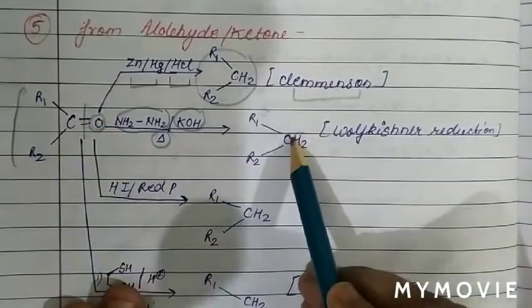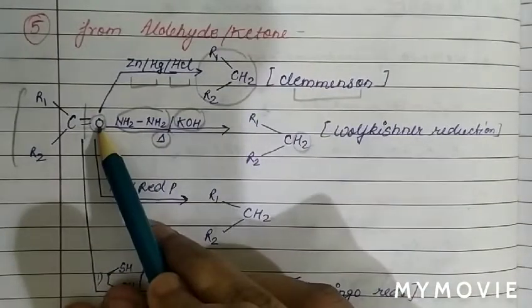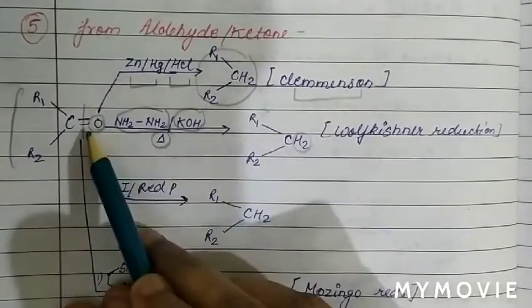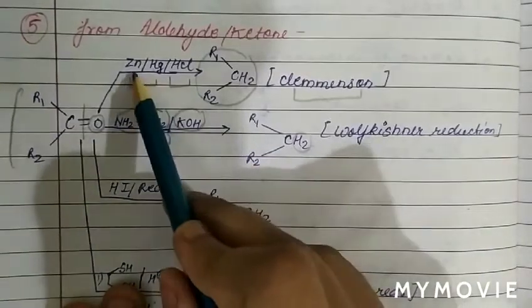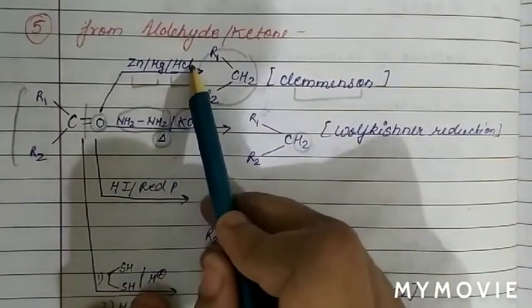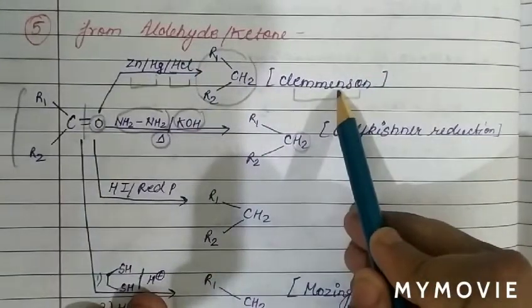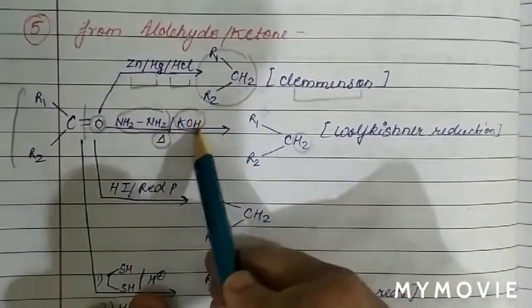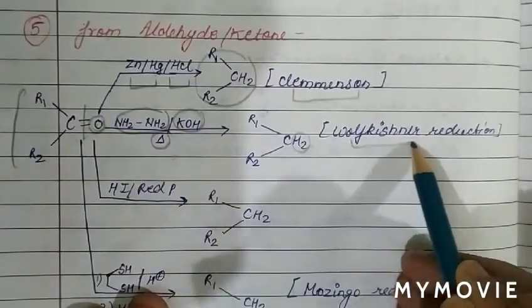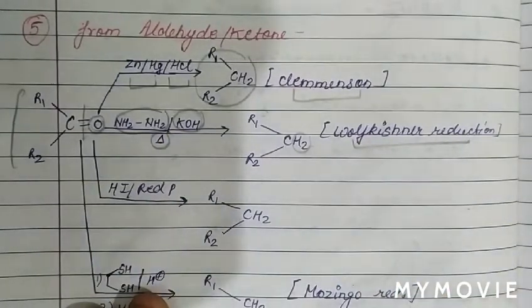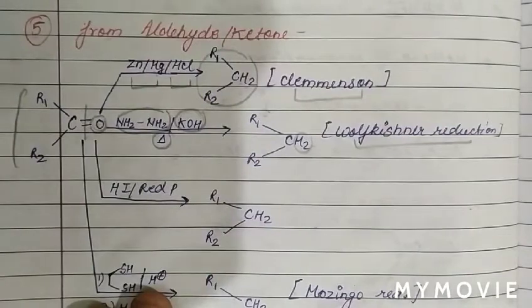So this is also conversion of aldehyde and ketone into alkane. When reagent is zinc mercury amalgam and acidic medium, this is Clemmensen reduction. But when there is basic medium with hydrazine, this reaction is called Wolff-Kishner reduction.